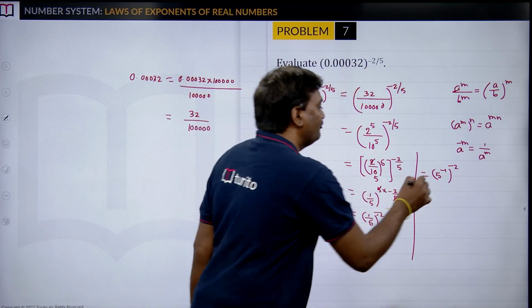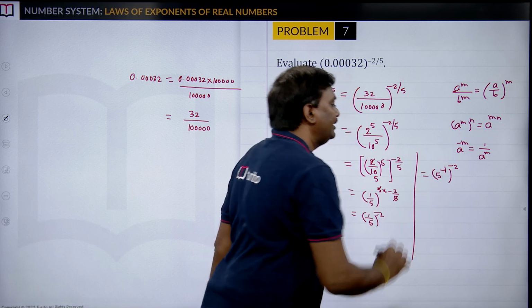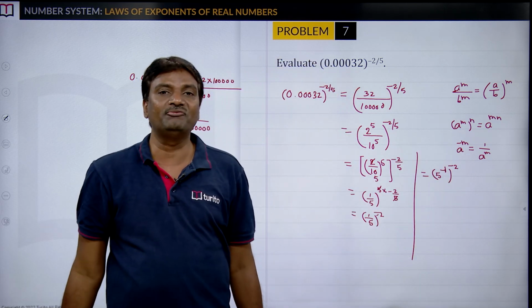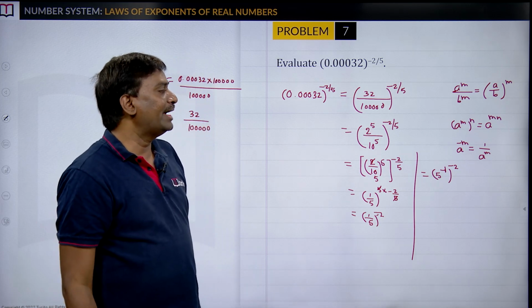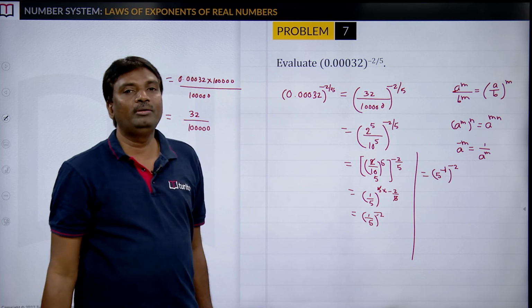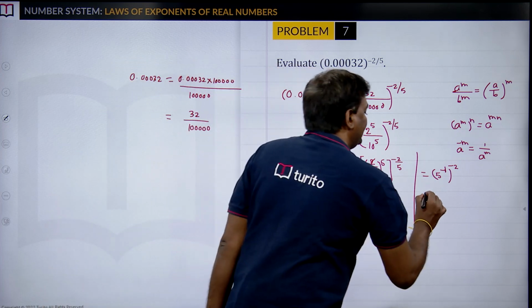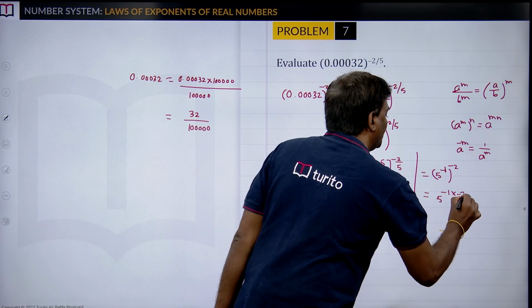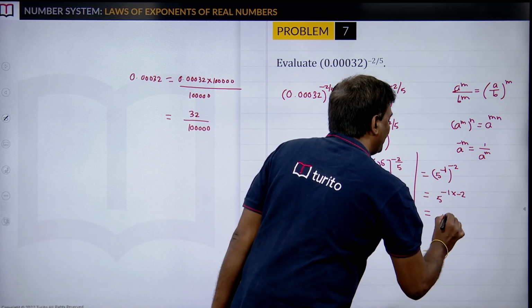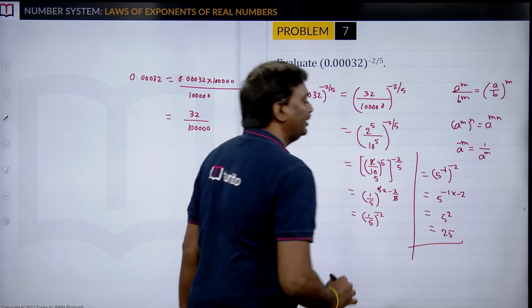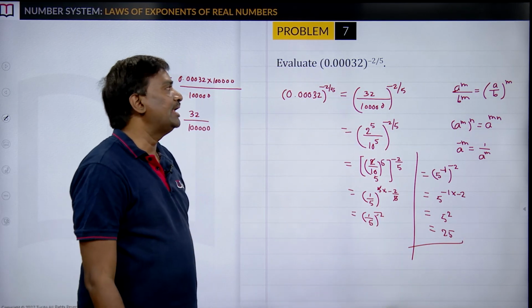In place of m we have 1. Again applying the formula a power m whole power n equal to a power mn, we get 5 power minus 1 into minus 2. Minus into minus is plus, so 5 square. 5 square means 25.